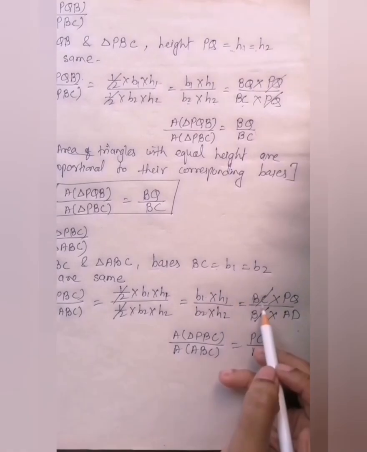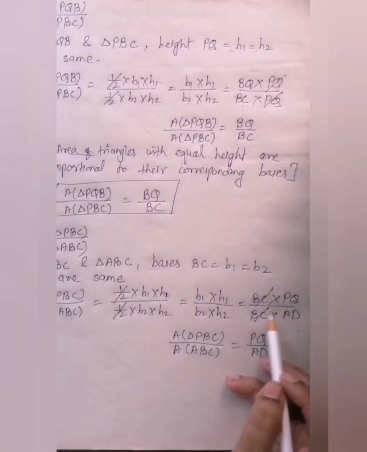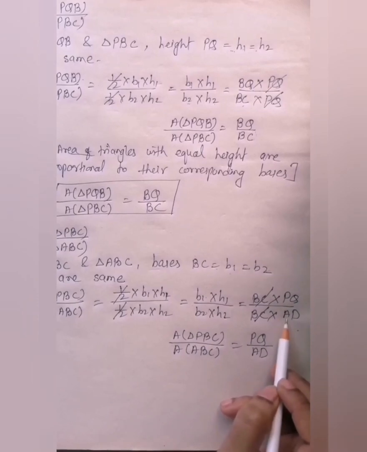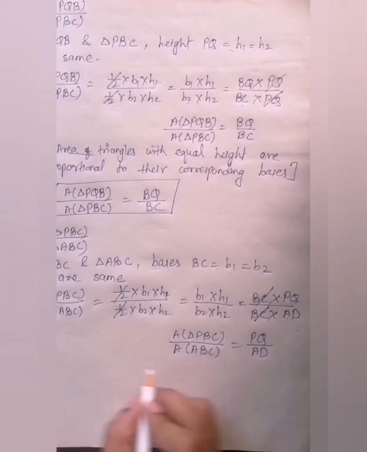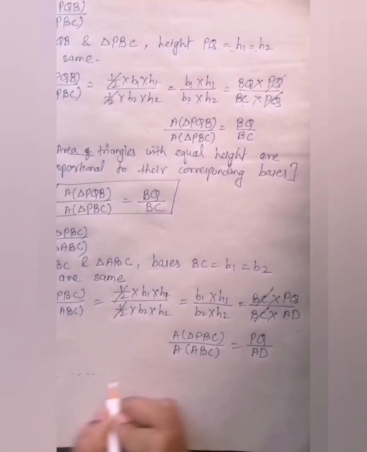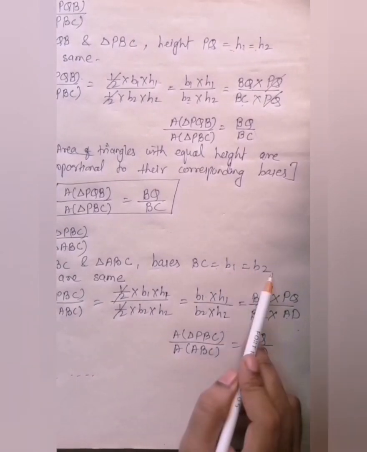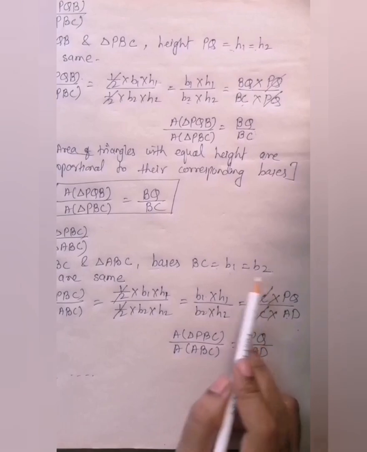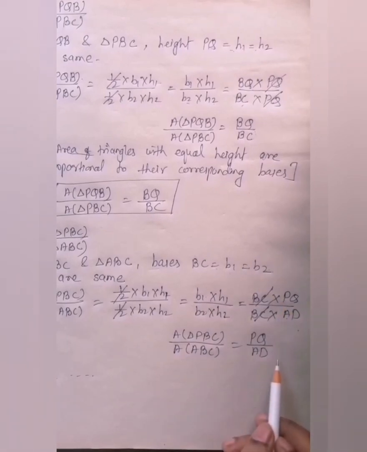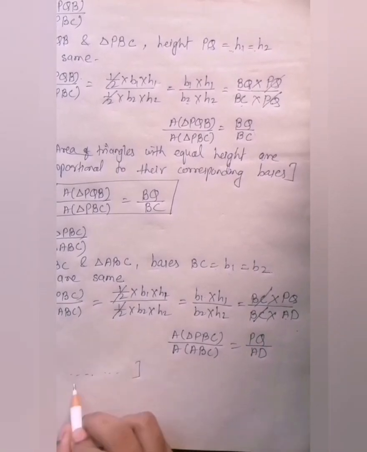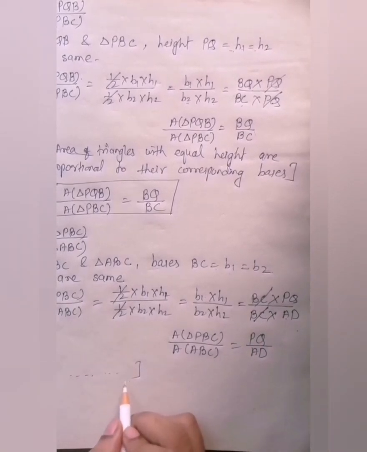So when we have equal bases, then we get their corresponding heights. So write down the reason. What is the reason? Area of triangles with equal bases are proportional to their corresponding heights. Clear? This is the height. So students, you have to write this down. This is a must.